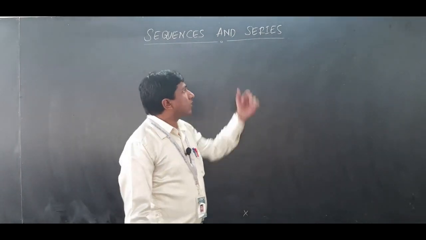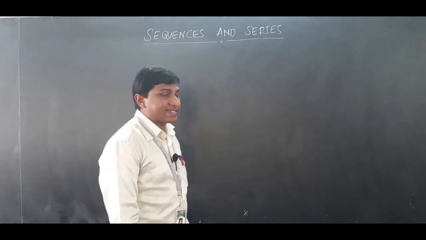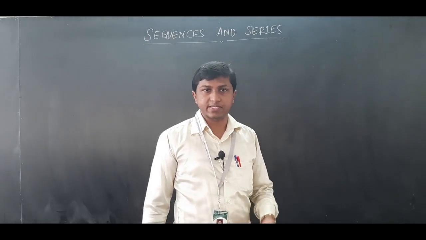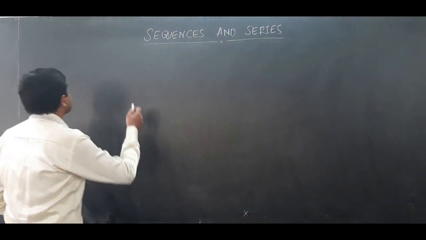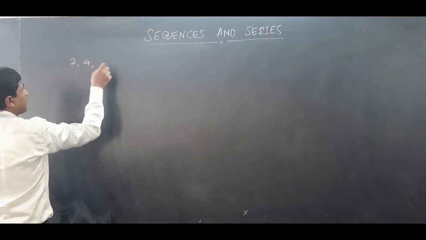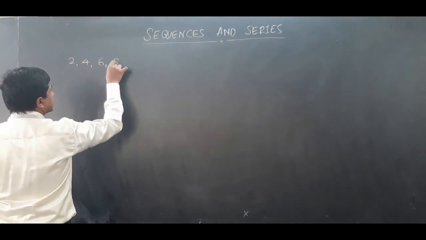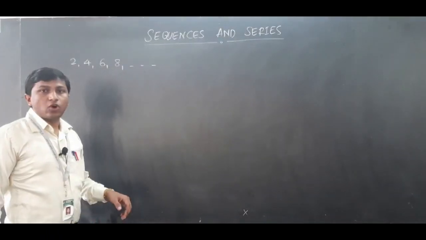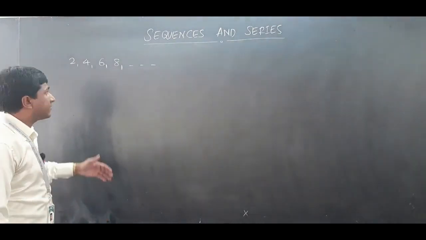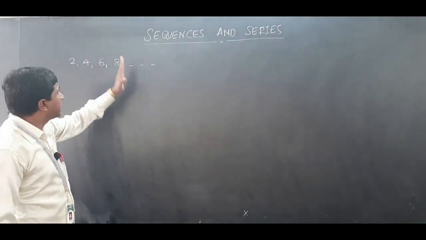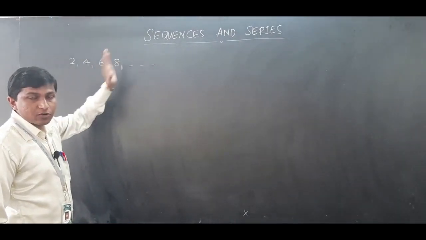Now, coming back to sequences and series, you have come across many sequences. If I have the sequence, say 2, 4, 6, 8 and so on. Whenever I put 3 dots, what is the meaning of that? It means that the sequence has not stopped at the term 8.